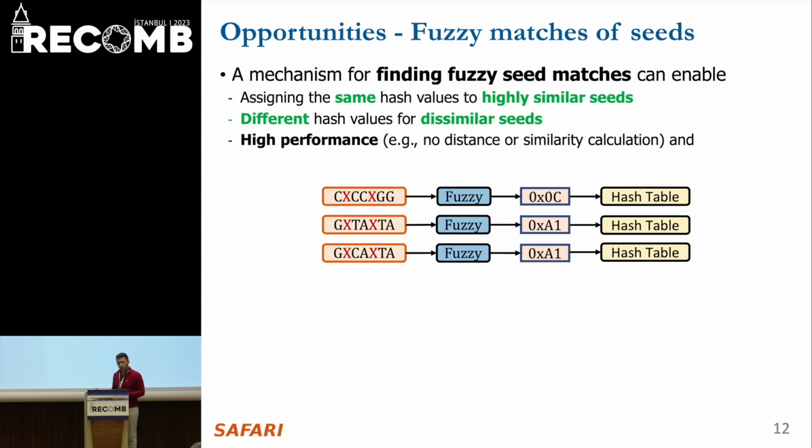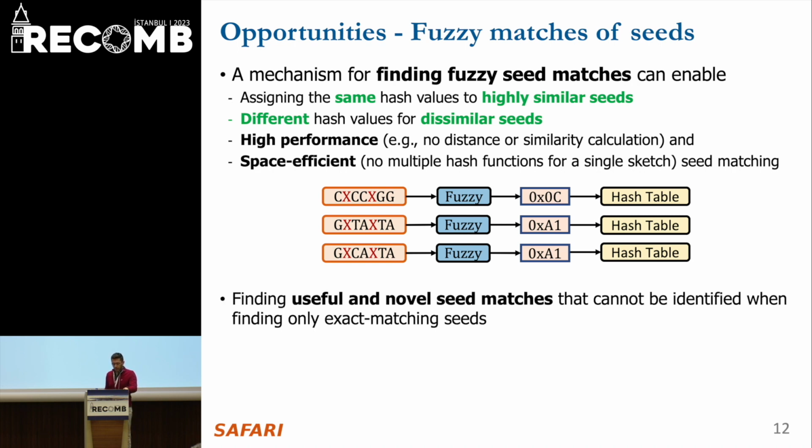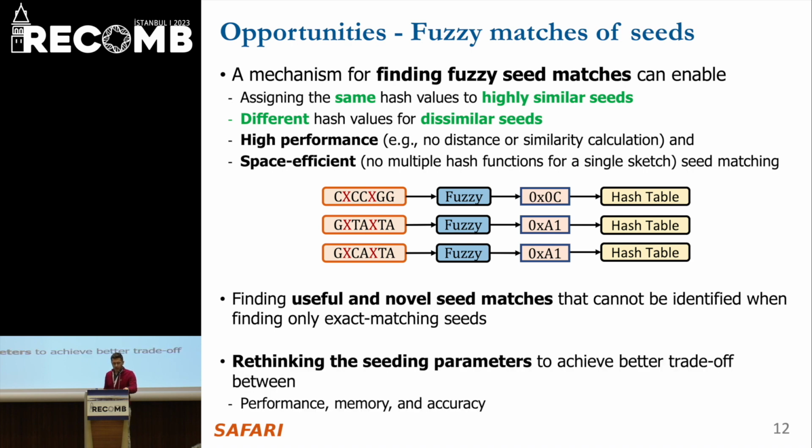Such a mechanism should also provide high performance, meaning we don't want to do a distance or similarity calculation, and it should be space efficient, meaning we don't want to use multiple hash functions for a single sketch when performing seed matching. Fuzzy seed matches can enable finding useful and novel seed matches that cannot be identified when finding only exact matching seeds. It also enables us to rethink the seeding parameters to achieve a better trade-off between performance, memory, and accuracy.